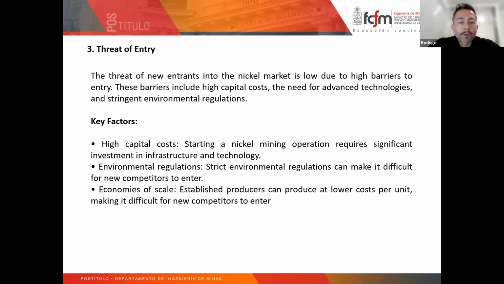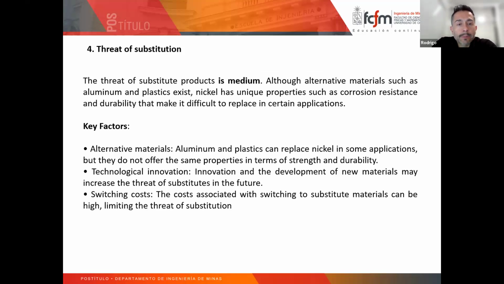The environmental regulations are strict, which can make it difficult for a new competitor to enter. Finally, economies of scale: established producers can produce at lower costs per unit, making it difficult for a new competitor to enter.